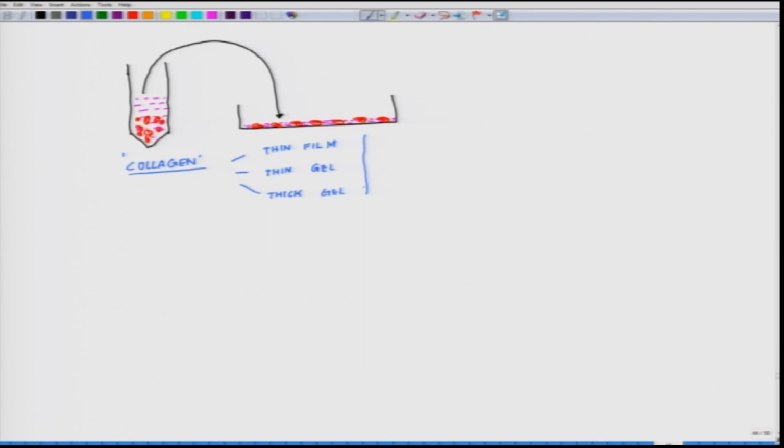You have a lot of possibilities to play around with collagen. How do you play with this?